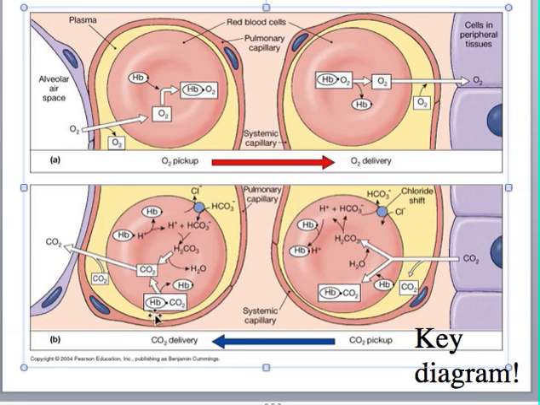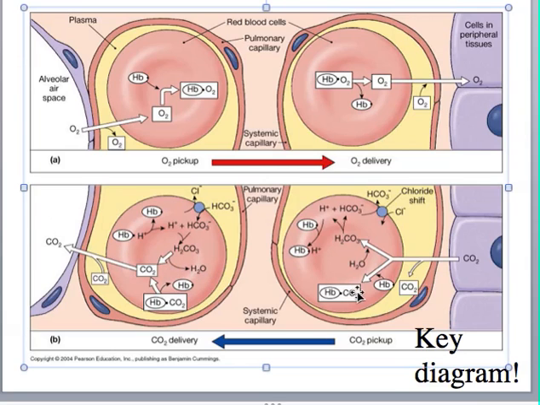We've also got the carbaminohemoglobin that we formed back in the systemic capillary. Again, this is going to let go of its CO2, which is released into the alveolus to be breathed out, and any dissolved CO2 can also diffuse back out into the alveolus.